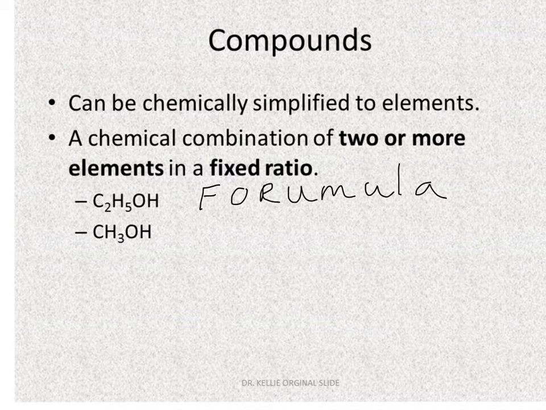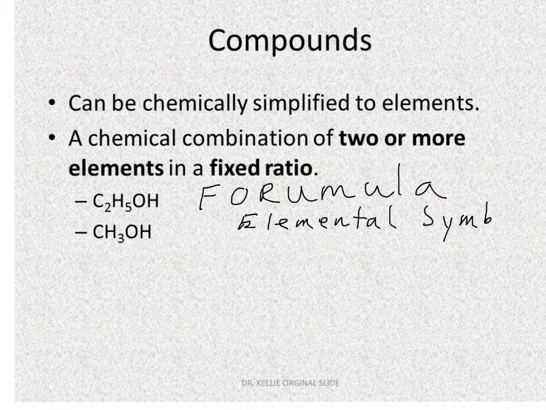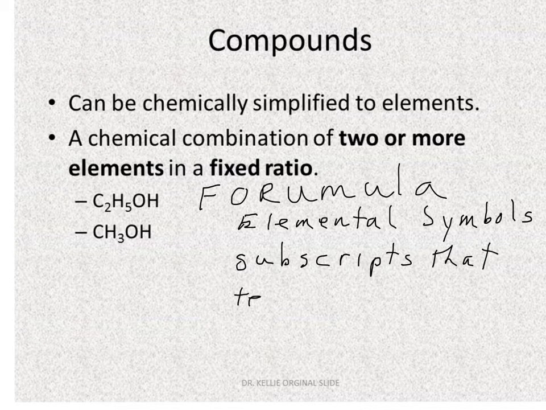A formula, often referred to as a molecular formula or a formula unit, consists of elemental symbols, telling you what elements are in the compound, and then subscripts that tell you the ratio of the elements in the compound. And when I say ratio, that ratio is the ratio of atoms of that element.